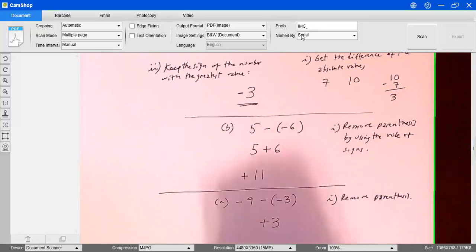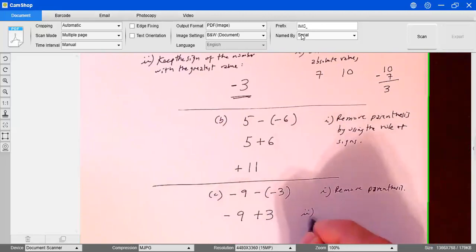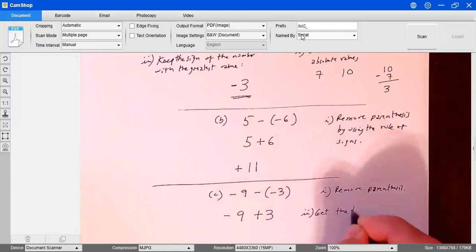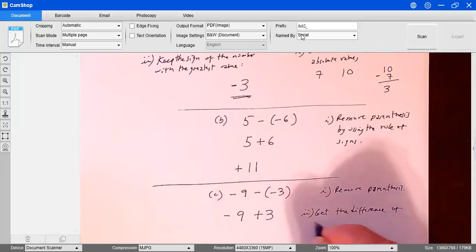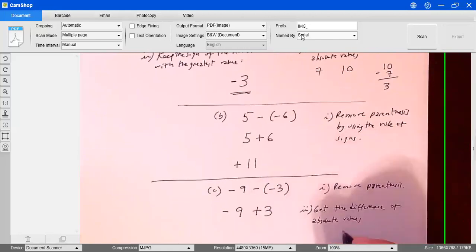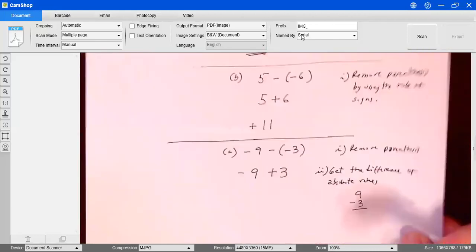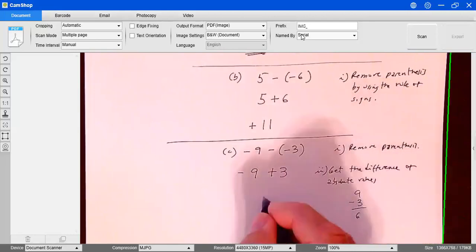You get 3 here, you get negative 9 here. Now you have the addition of two numbers with different signs, so you need to get the difference of absolute values. We have 9 and 3. You write 9 minus 3 because 9 is the greatest, 3 is the smallest. 9 minus 3 is 6. So the answer is 6.